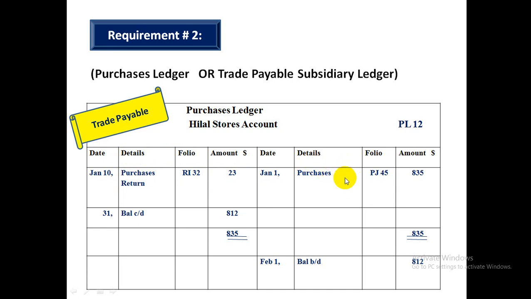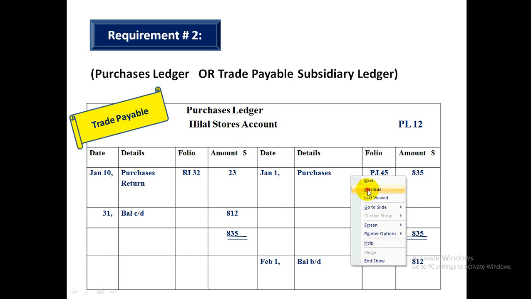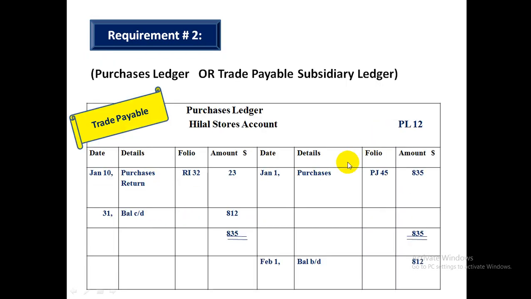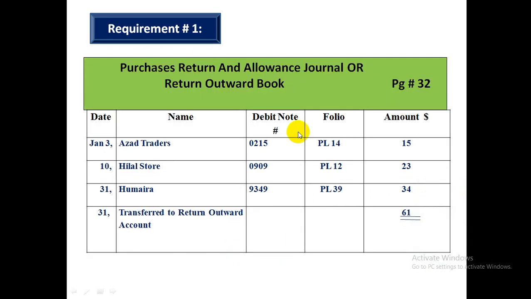The purchase of goods from Hilal store can be taken from the purchases journal. We had purchased $835 of goods from Hilal store. Because we are purchasing goods from him on credit, Hilal store's account will be credited because this is the trade payable account. When we are returning them goods, which information we took from the return journal, we had returned them $23 of goods.